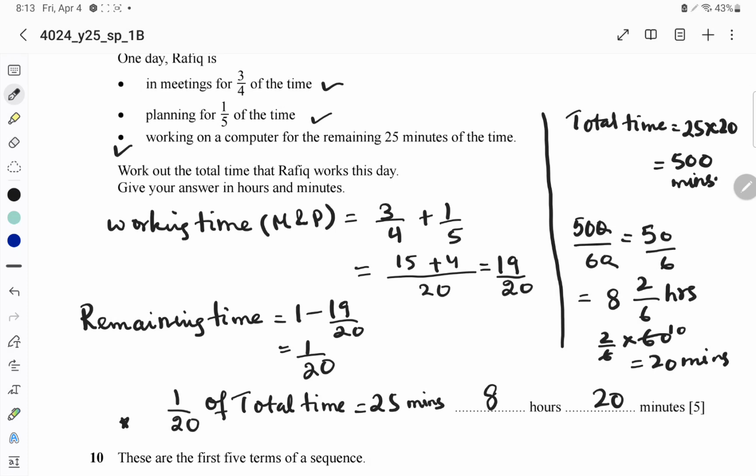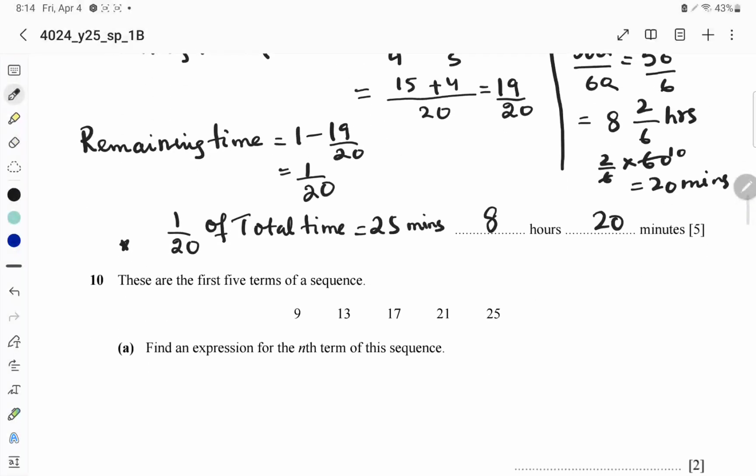So total time becomes 25 into 20, which was 500 minutes. 500 minutes we separate into hours and minutes. Divide by 60, that will become 8 whole 1 over 3, or 8 whole 2 over 6 hours. So 8 whole means 8 hours, 2 over 6 hours means 20 minutes. So that's the thing. It was a 5 marks question.